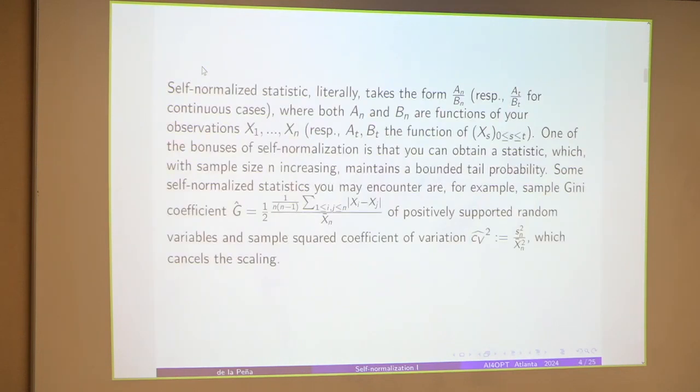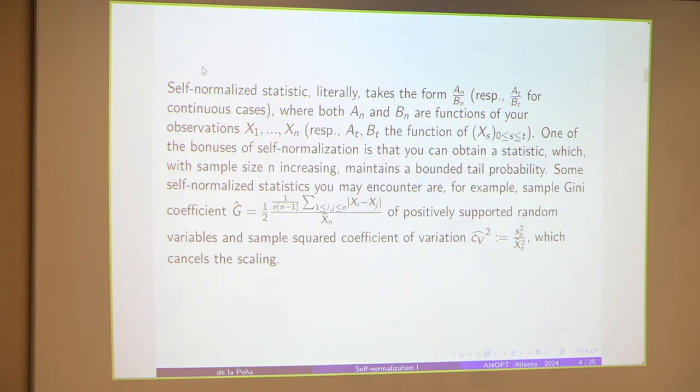Okay, so let's look at examples of self-normalized statistics. Self-normalized statistics literally take the form of A_n over B_n, and A_t over B_t for continuous cases. Both A_n and B_n are functions of the observations x_1 up to x_n. This could be martingales, martingale differences, or anything.